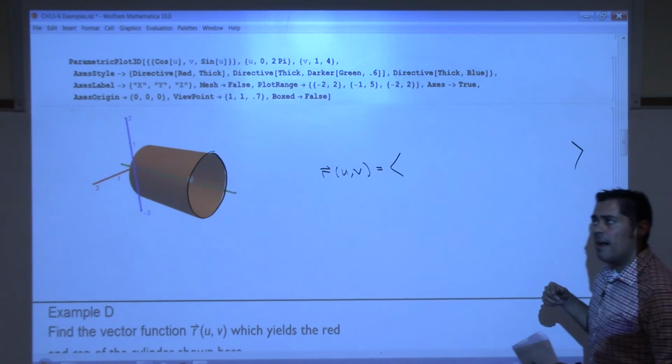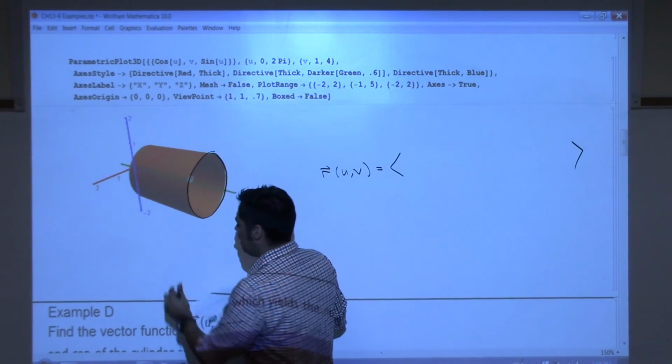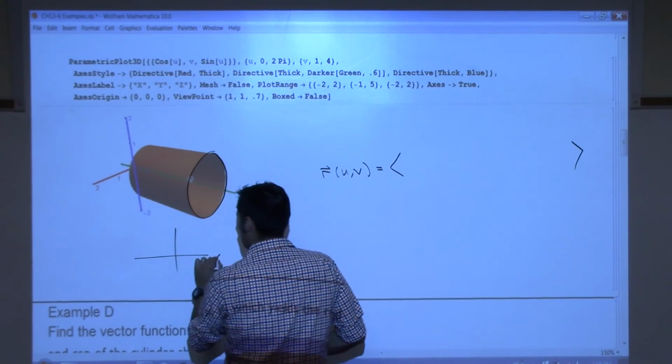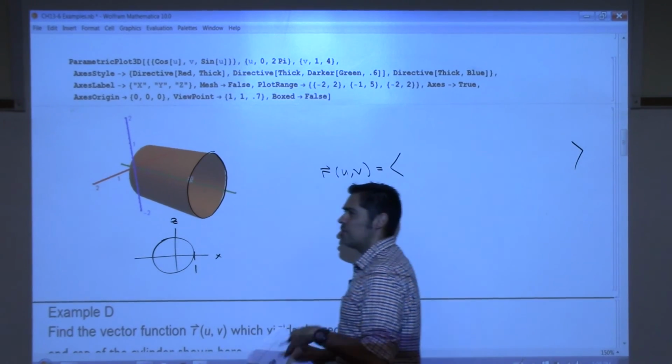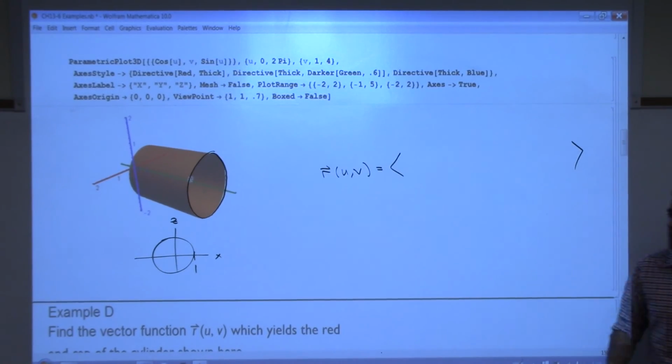Understand? So how we would draw a circle in the xz plane, and it's a unit circle, is to use the whole r cosine theta, r sine theta thing, with r being fixed here at 1. Yes? But instead of using theta, I need to use u or v, so it's your choice.